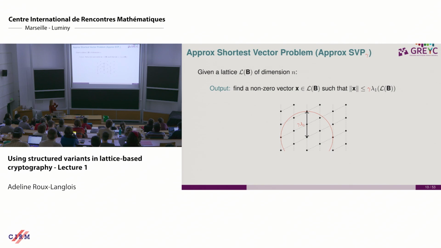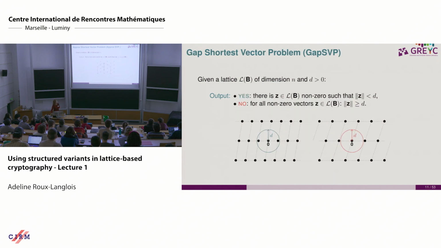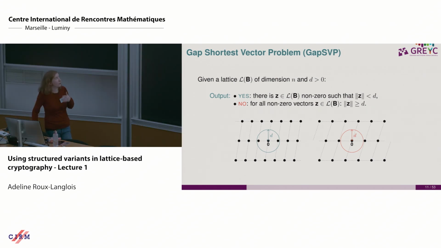So that's a search problem, right? I give you a basis, I give you a lattice, and you want, as the answer, to find a vector. You also have a decisional version of this problem, which is called the gap SVP, so we'll see why just after. Now I don't ask you to find the vector, I just give you D, and ask you, is there a vector of the lattice which has norm less than D, or not?